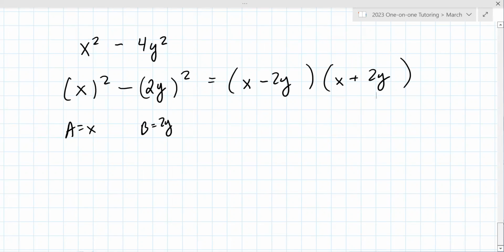All right, so let's try another one here. Let's say it's 9y squared minus 25x squared.